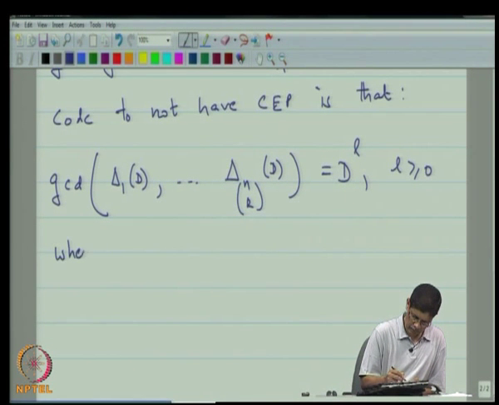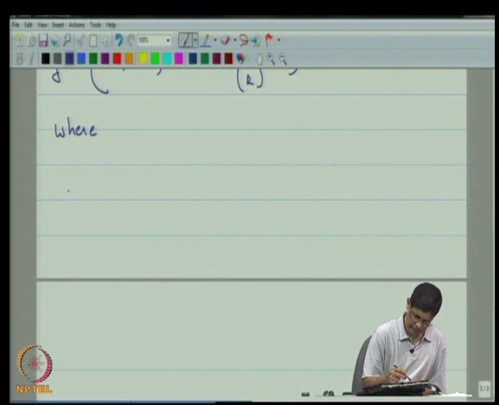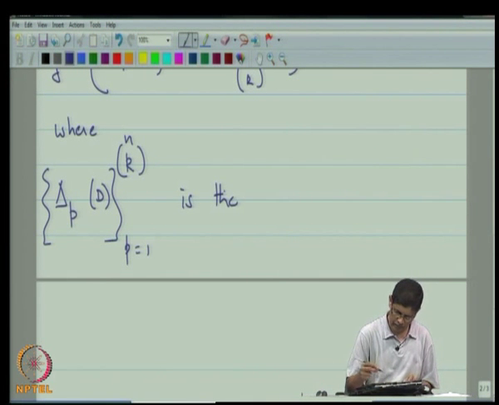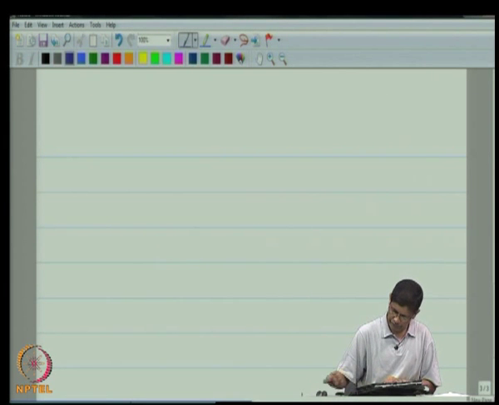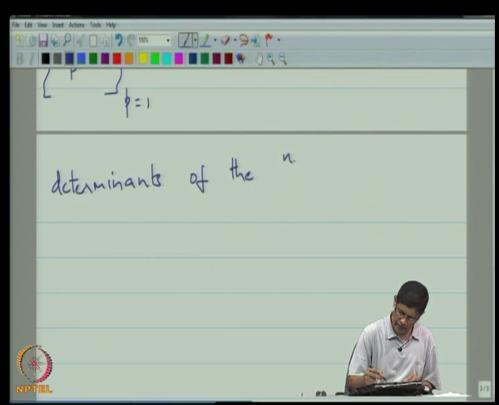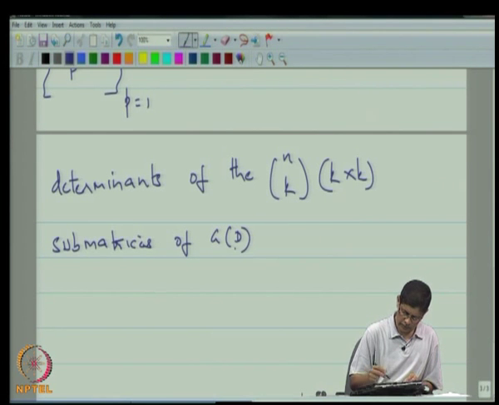where delta P of D, as P varies from 1 to n choose k, is the collection of determinants of the n choose k, k by k submatrices of G of D. Okay.